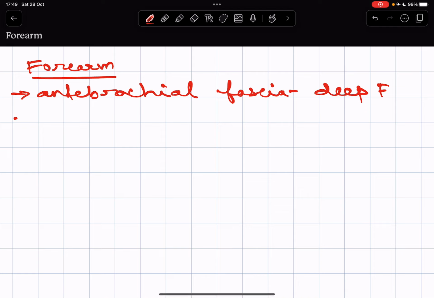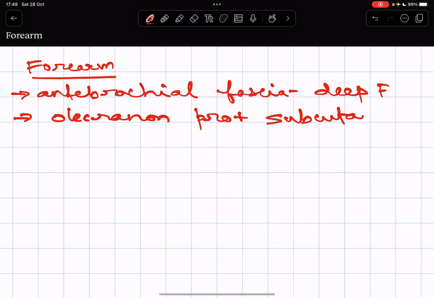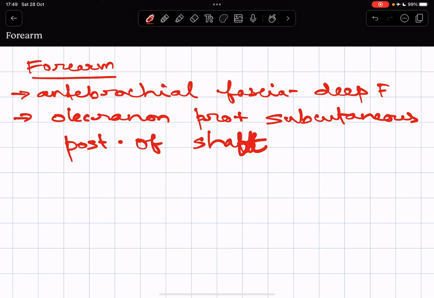This deep fascia is actually attached to the olecranon process and the subcutaneous posterior border of the shaft of the ulna. So that's the attachment of the antebrachial fascia.